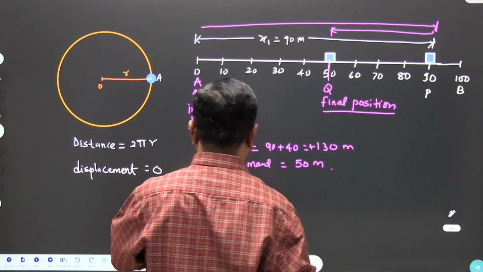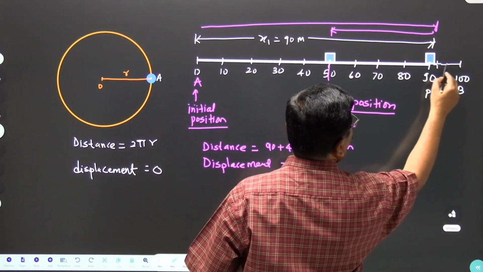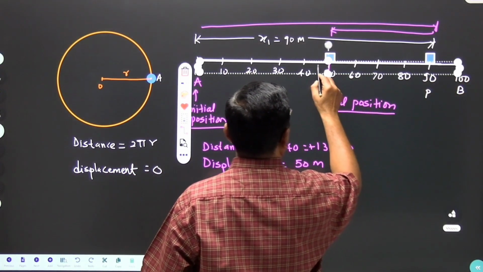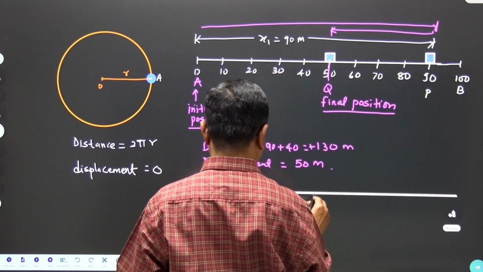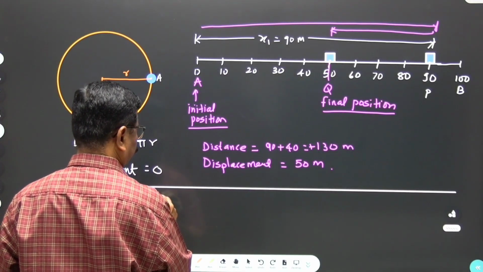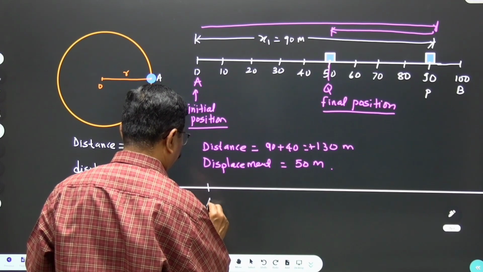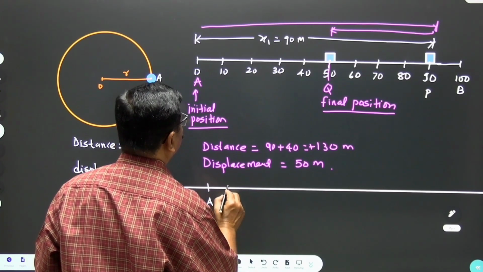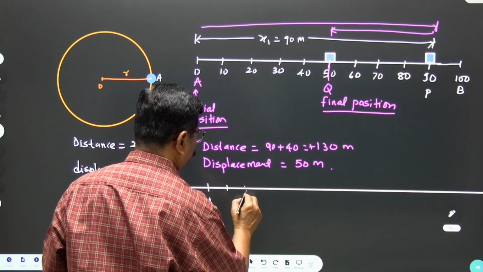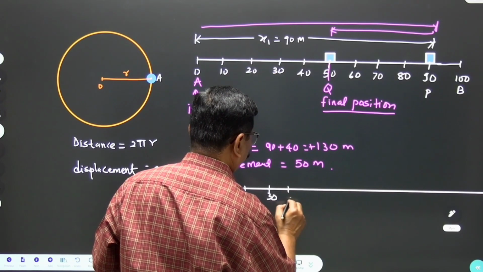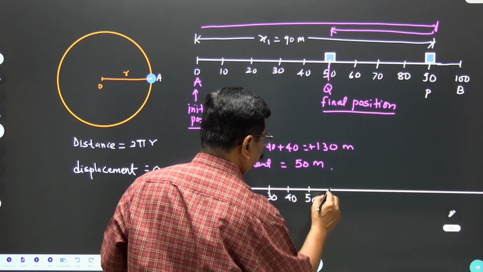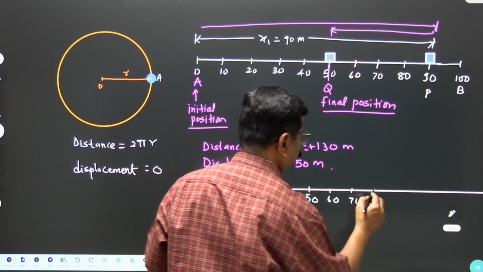I will take the same example. Now this is mark A. Then this is again 10, 20, 40, 50, 60.